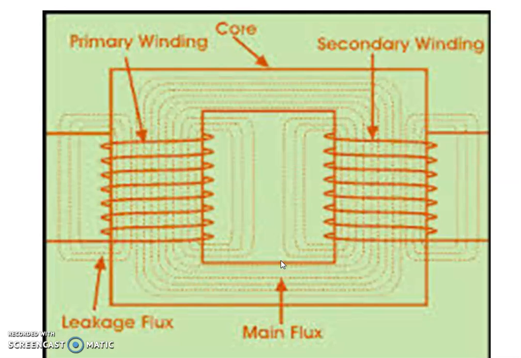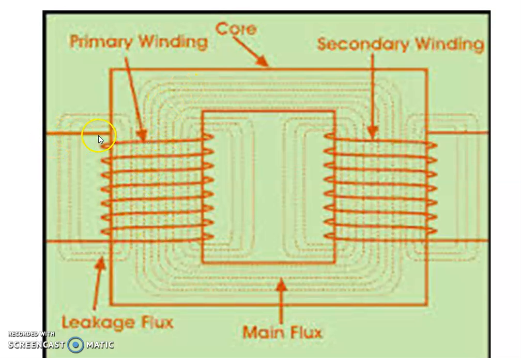Now let us see what actually takes place inside the transformer. So here this is the primary coil. When the current flows through the coil, then the current carrying coil produces the magnetic field, and therefore the magnetic flux lines will be produced.